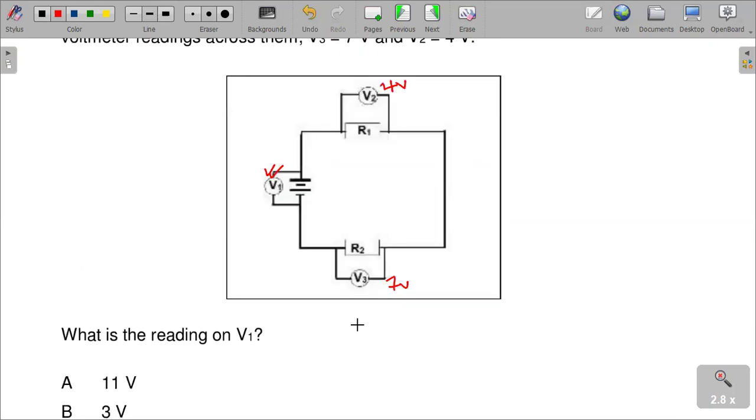It is actually the sum of the two. 4 plus 7 gives us 11 volts.